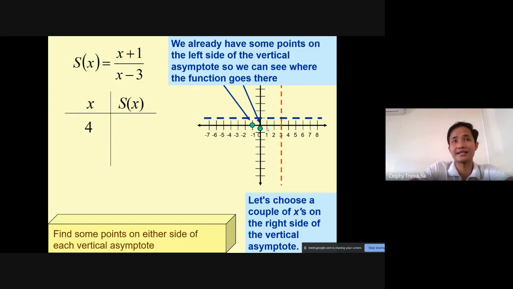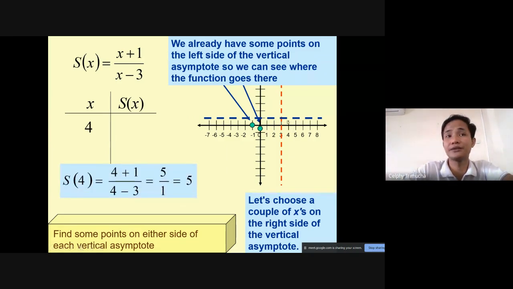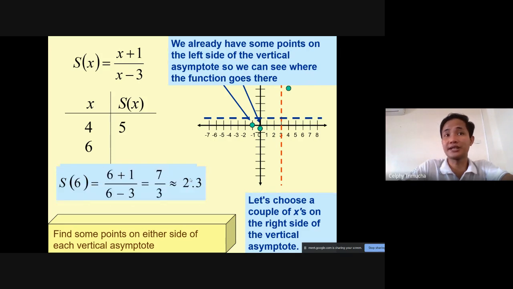I will choose 4. Substituting 4 into our equation, we get 5 as the value of y. Next, let's find another value, for example 6. Substituting 6, we get 2.3. So I will plot these. I have this.